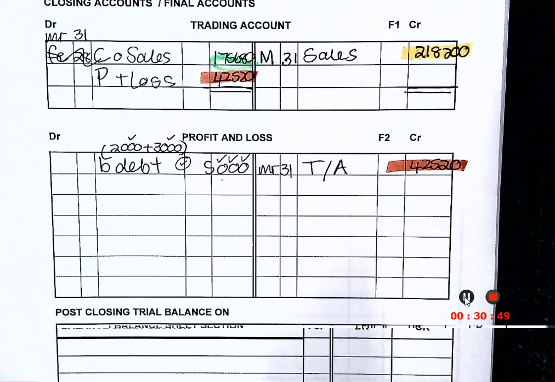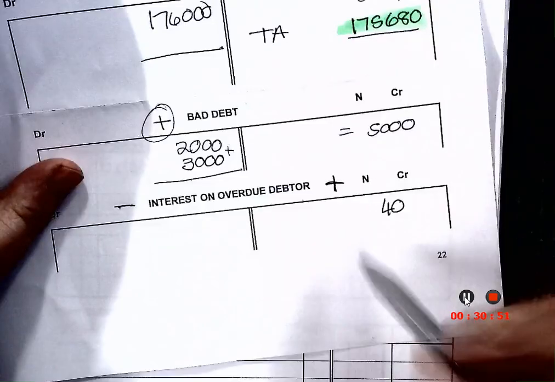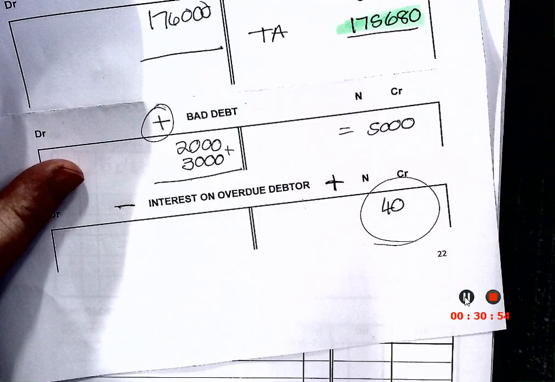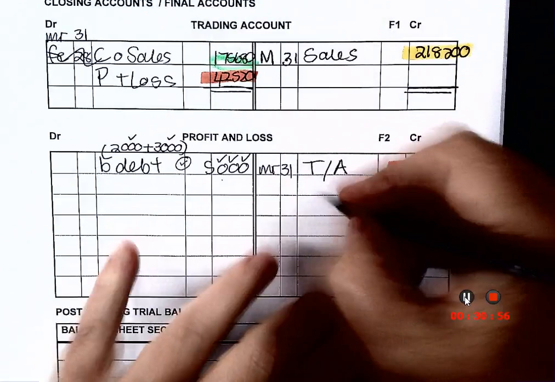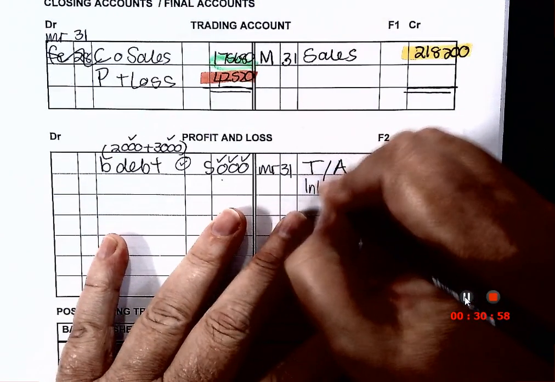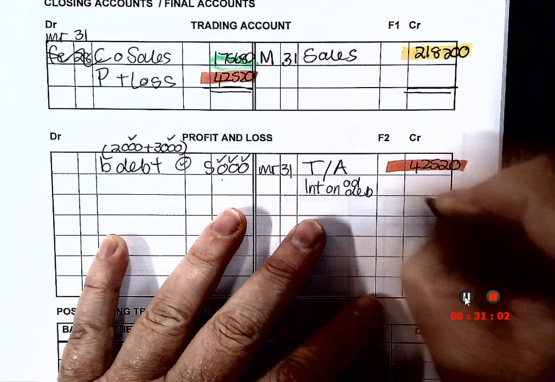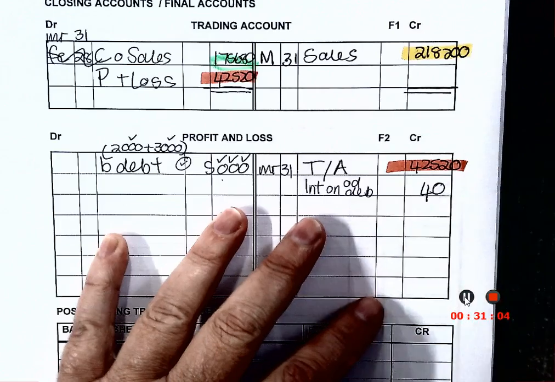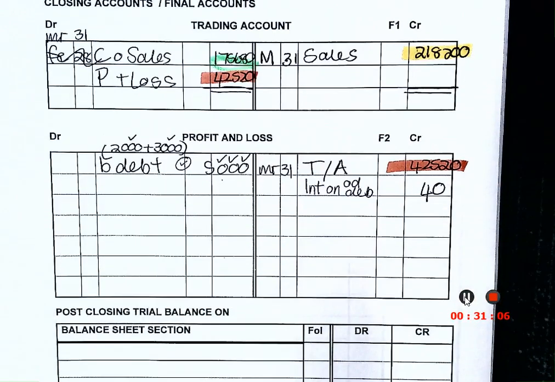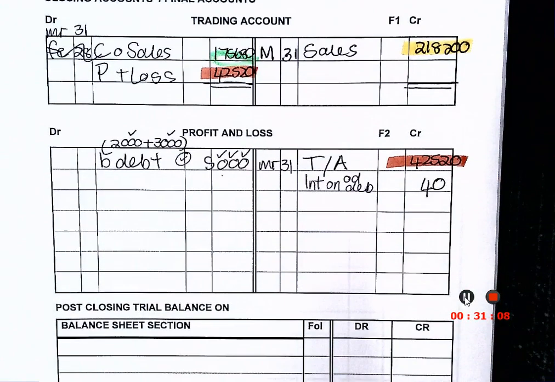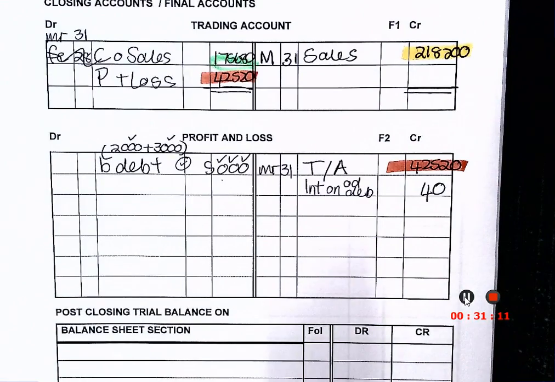Now after bad debt, I've got interest on overdue debtors, which goes to the credit side. Interest on overdue debtor, $40. And everything else, there's no other nominal that changed. So now I can literally just transfer from the trial balance.